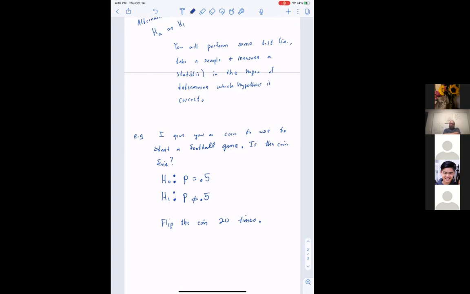Because even though getting 20 heads is certainly possible with a fair coin, it would be such a rare occurrence that if you have to choose between, oh yeah, that can happen by chance, or it's probably not fair, the more likely outcome would be it's probably not fair.